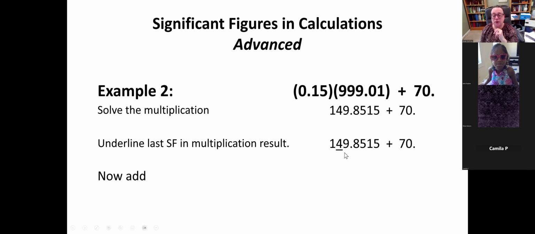Where is the 4? It's a little trickier when it's on that side of the decimal point. Yeah, it's in the tens place, so the 10 to the positive 1 position. And how about our 70 with a decimal point? Where is that last significant figure?